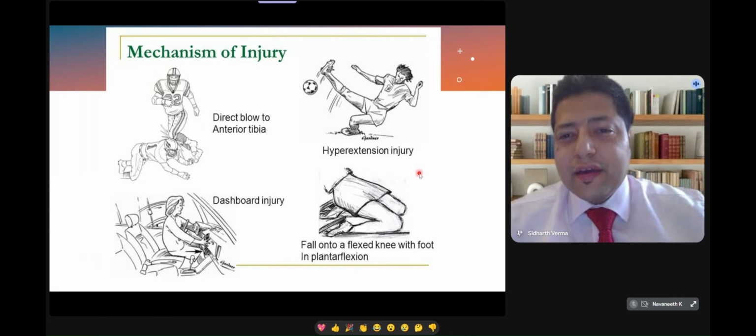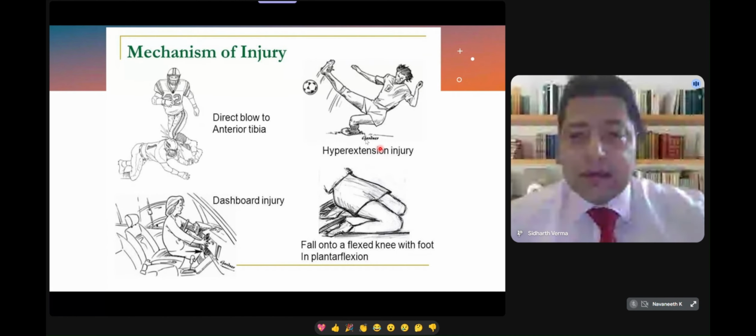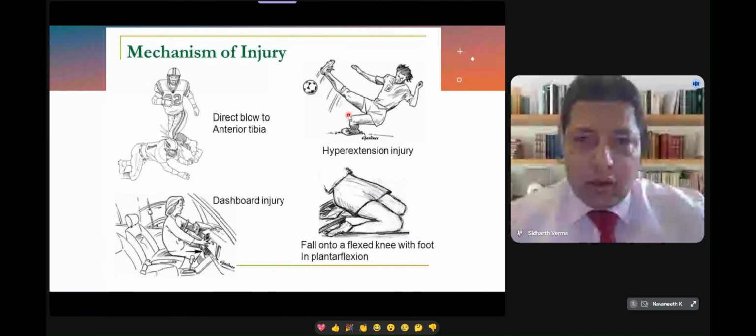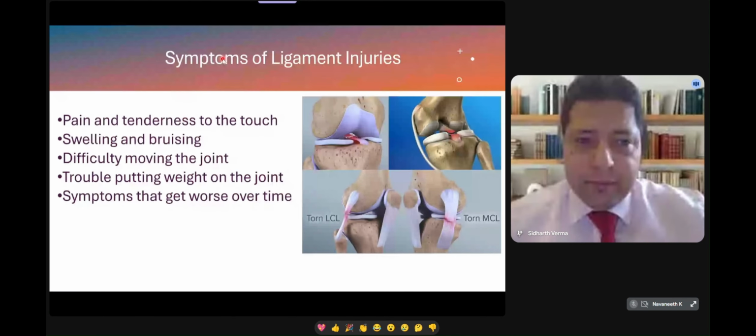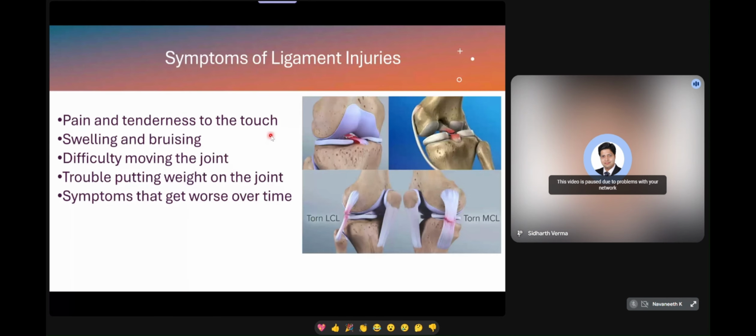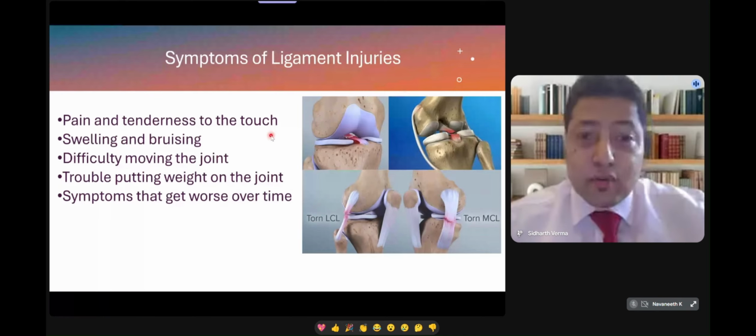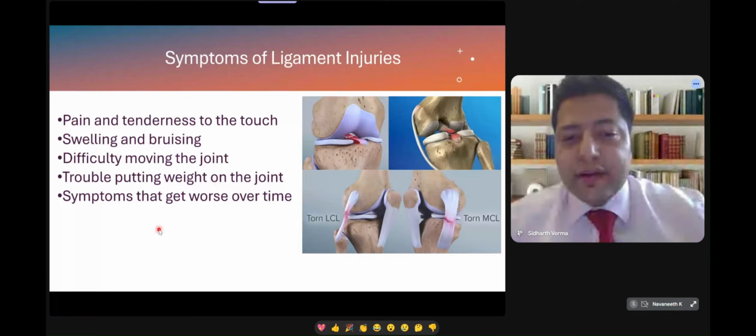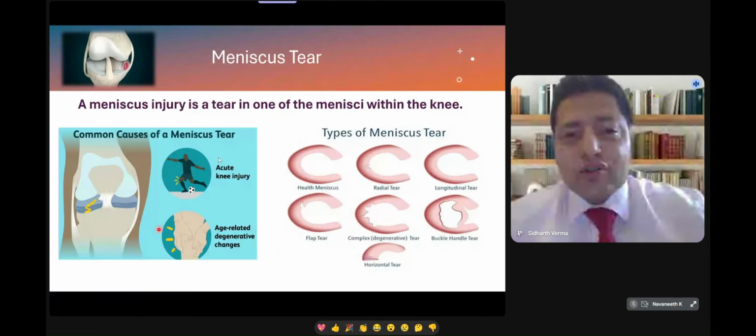Or if the knee gets hyperextended while playing, or you fall down, then it can happen. Pain and tenderness to the touch is the first symptom. Then there can be swelling and bruising, difficulty moving the joint, trouble putting weight on the joint, and these symptoms can get worse over time.